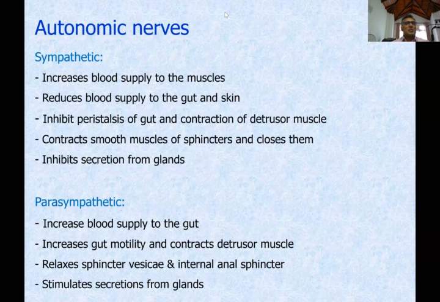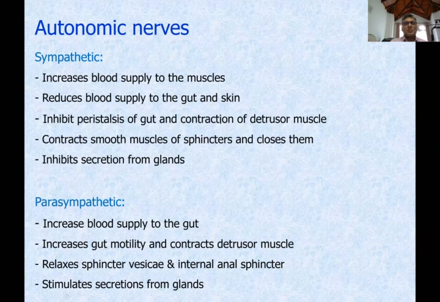So the sympathetic, for the fight or flight reaction, increases the blood supply to the muscles, reduces the blood supply to the gut, skin and other internal organs, inhibits peristalsis of the gut, and relaxes the detrusor muscle. It's the relaxation; this should be corrected, as it's not contraction.